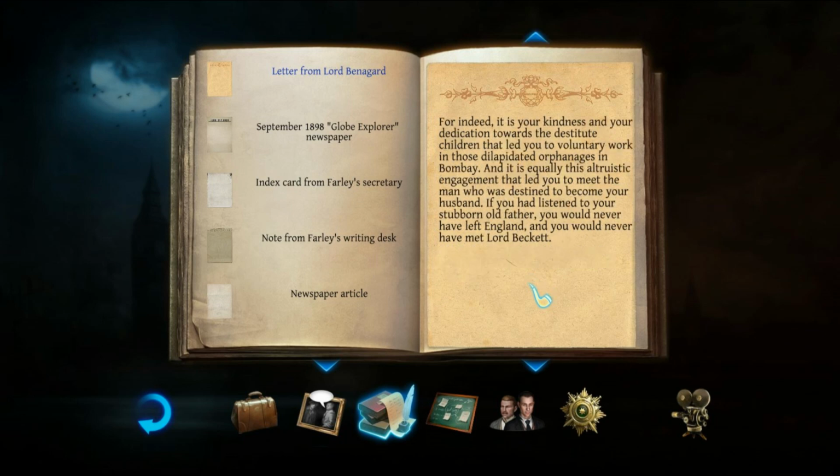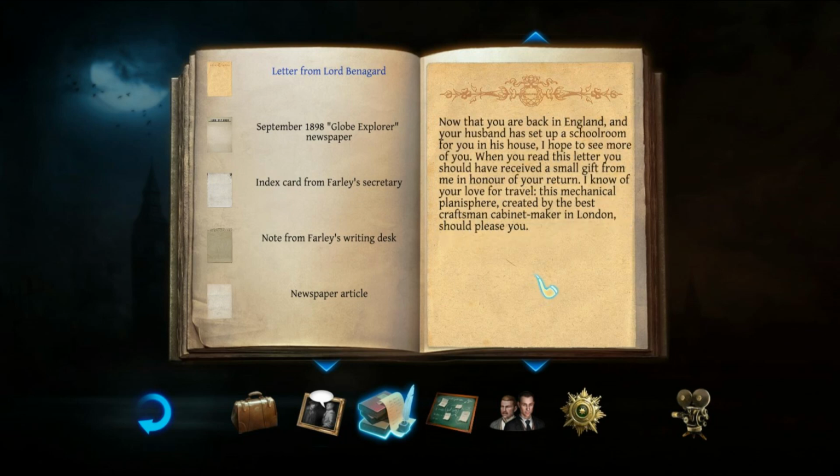For indeed it is your kindness and your dedication towards the destitute children that led you to voluntary work in those dilapidated orphanages in Bombay. And it is equally this altruistic engagement that led you to meet the man who was destined to become your husband. If you had listened to your stubborn old father, you would never have left England, and you would never have met Lord Beckett. Now that you're back in England, and your husband has set up a schoolroom for you in his house, I hope to see more of you.